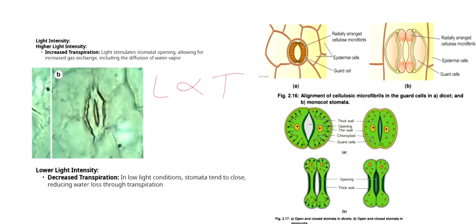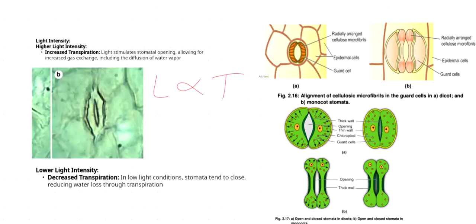Because of the light, more stomata are open, and if more stomata are open, there is more loss of water, more transpiration. In the dark, stomata are closed, so there is very little loss of water and less transpiration. So light is another factor.